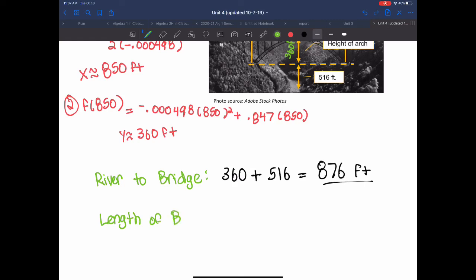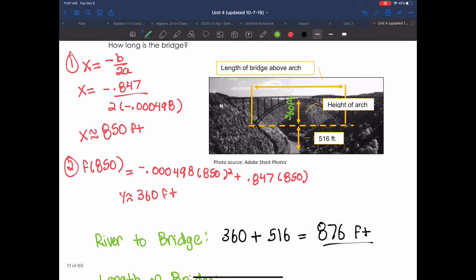What we know about this bridge so far is that the x coordinate of our vertex, this top point right up here, is going to be 850 feet. So 850 feet pass by until we get to that vertex, right? 850 whole feet are passing by until we get to the middle of the length of the arc, okay? The middle of the length is 850 feet.